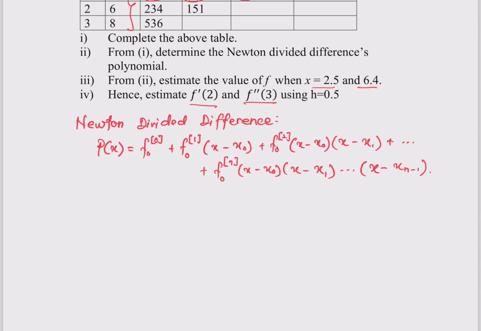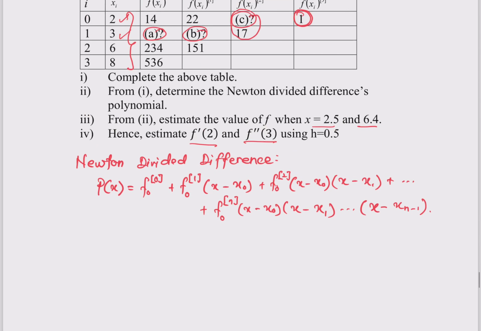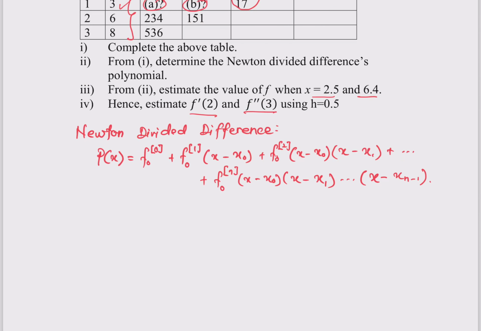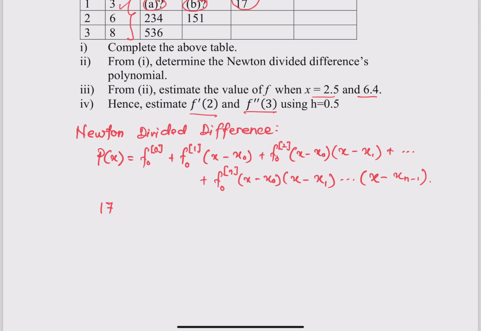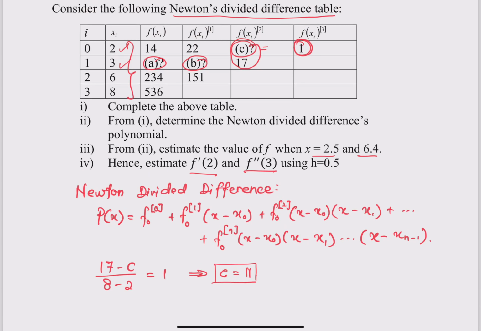So to get C first, what you can do is (17 minus C) divided by (x minus 2) is equal to 1. And if you do the simplification, the algebra, what you will get is C is equal to 11. So now we have the value of C equal to 11.